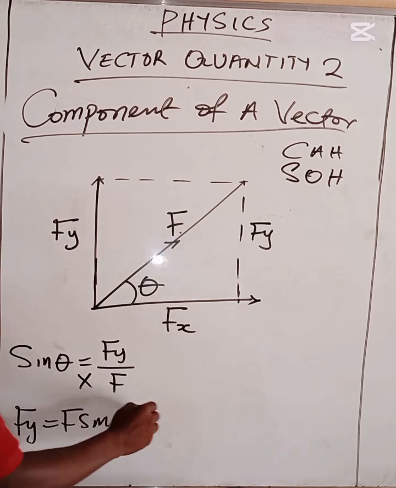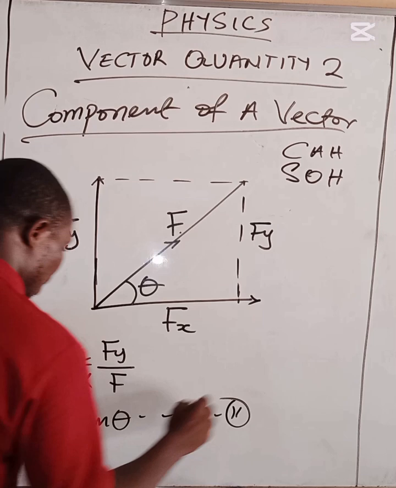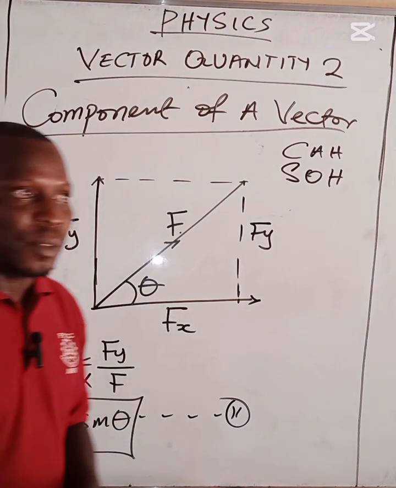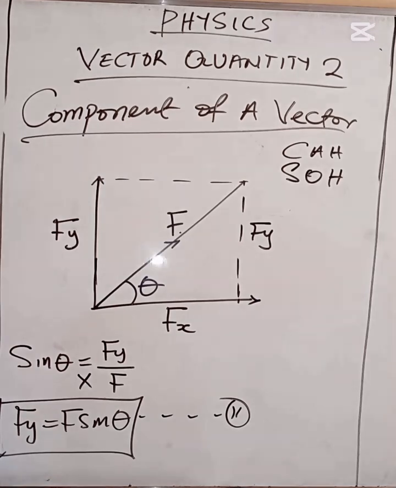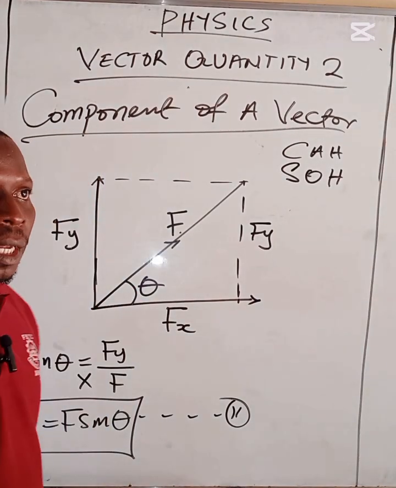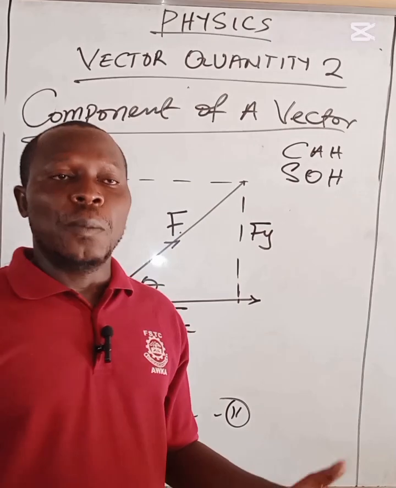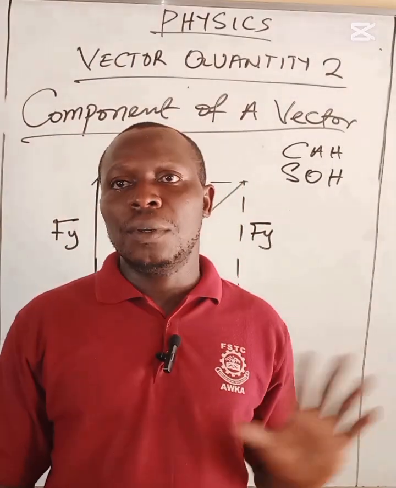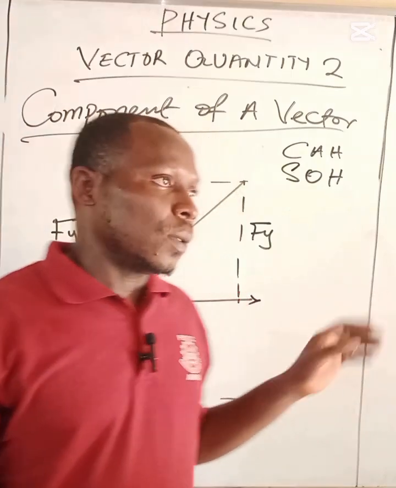So if we have numerical values, we can substitute and solve our problem. This is how to find the component of a vector. Remember I said earlier that component of a vector is the effective value of that vector in any given direction. So that is it.